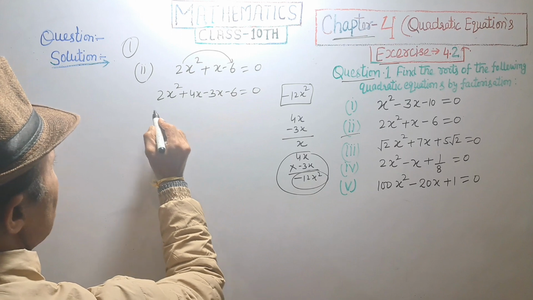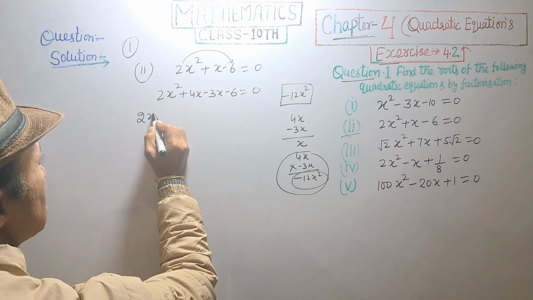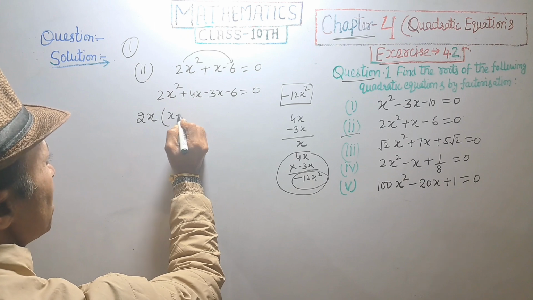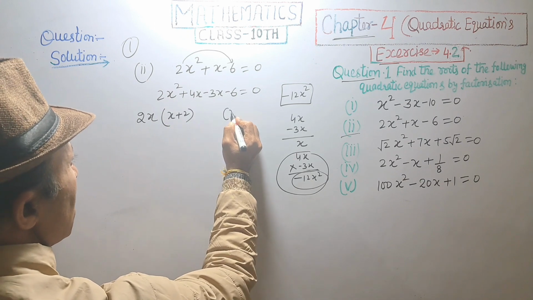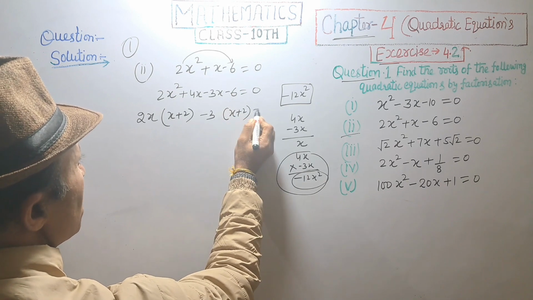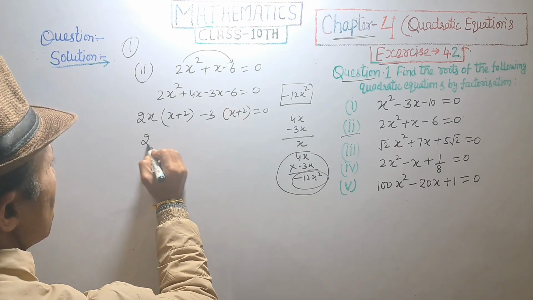Splitting middle term, 2x is common and in bracket x plus 2, and x plus 2, minus 3 is common, that is equal to 0.